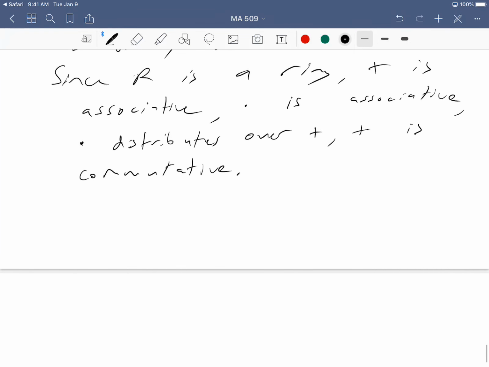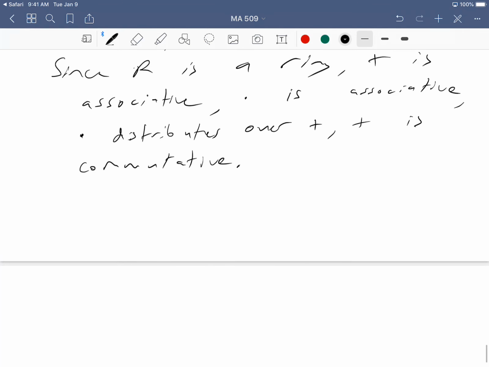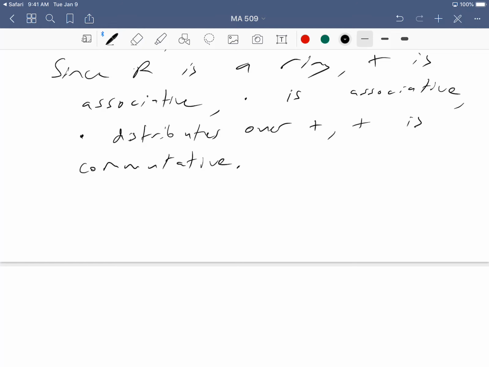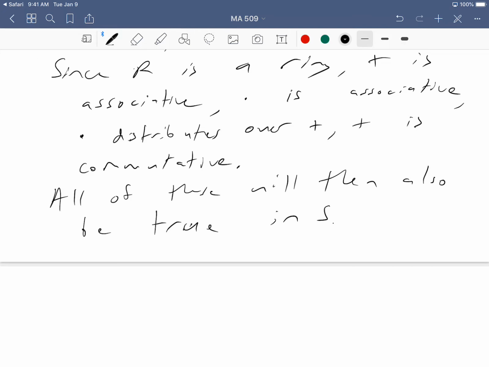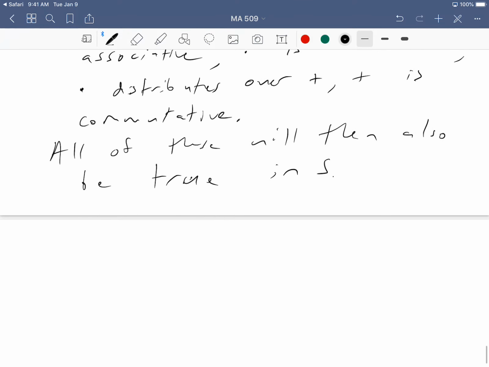So if we know it holds in R, the bigger ring, then it definitely is going to hold in S. So all of these will then also be true in S. Okay, so S will have associative addition, associative multiplication, it will have the distributive property, and addition will be commutative. That takes care of a whole lot of our ring definition right there.